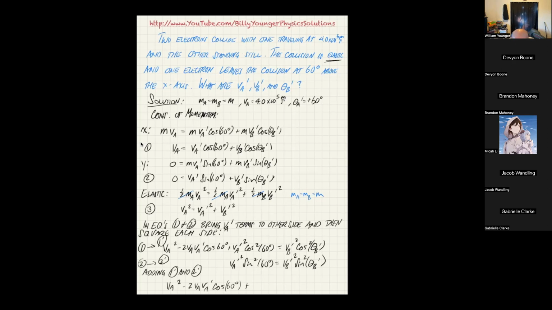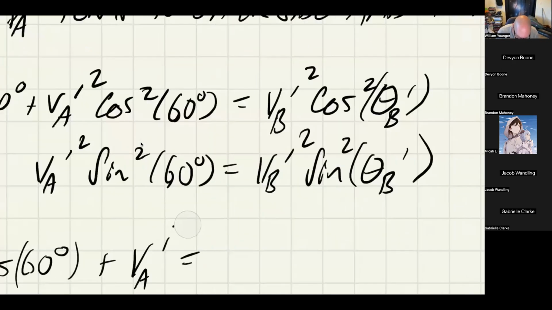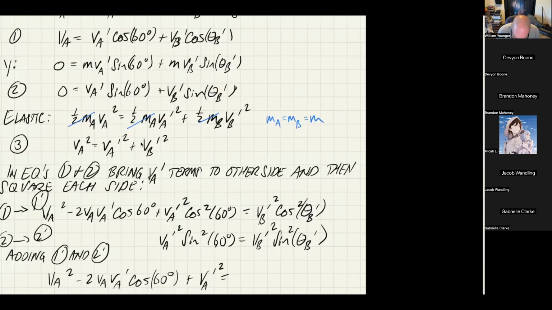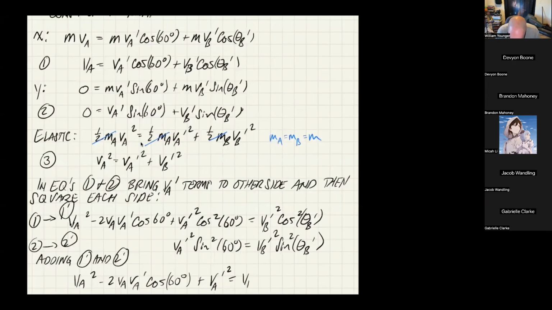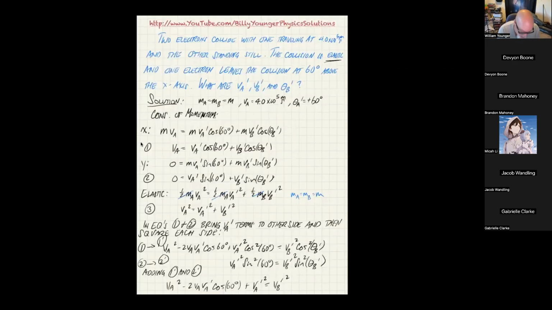Cosine squared plus sine squared is just equal to 1. So I'll just say it's VA prime squared. Same thing's going to happen on the right, only it's not the cosine of 60. It's the cosine and sine of theta B prime. So when I do that, it's going to become just plain VB prime squared. So that's the new equation that we had from combining those two.